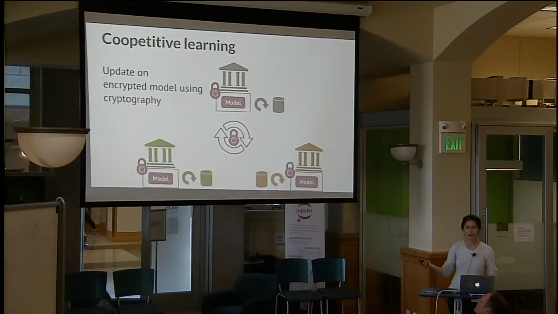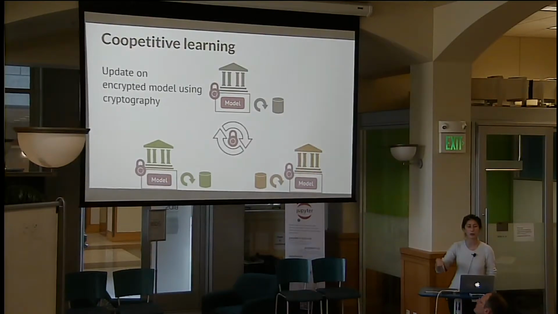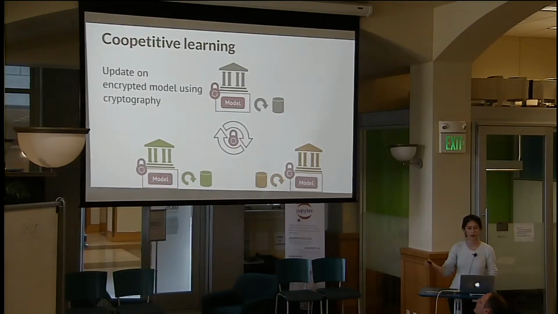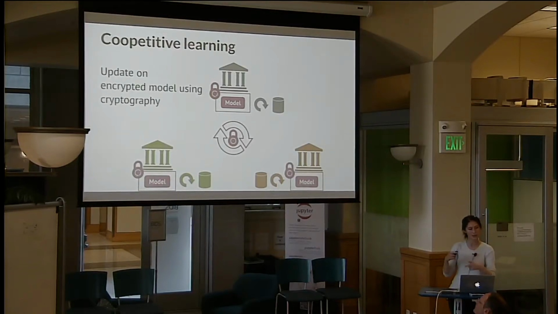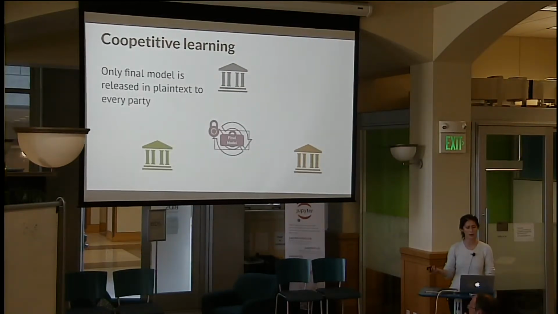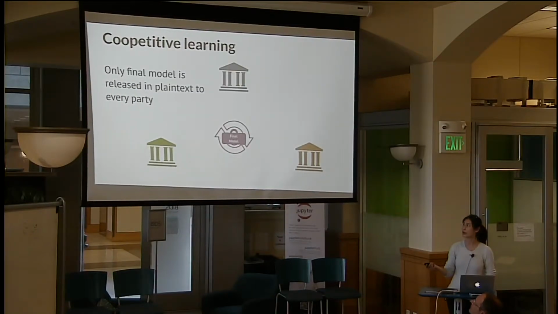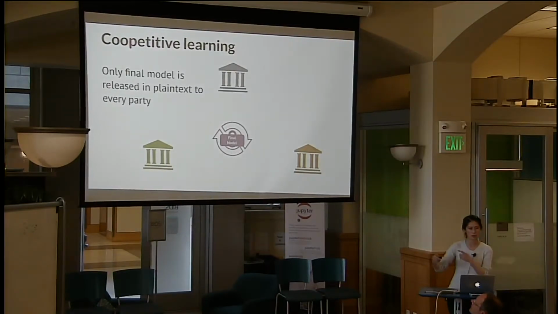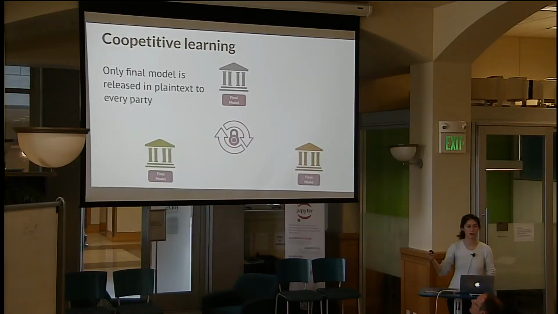The parties then update on this encrypted model using cryptography. You do this iteratively again using MPC, and only the final model is released in plain text to every party. In this case, the final model is decrypted jointly and then given back to each party.